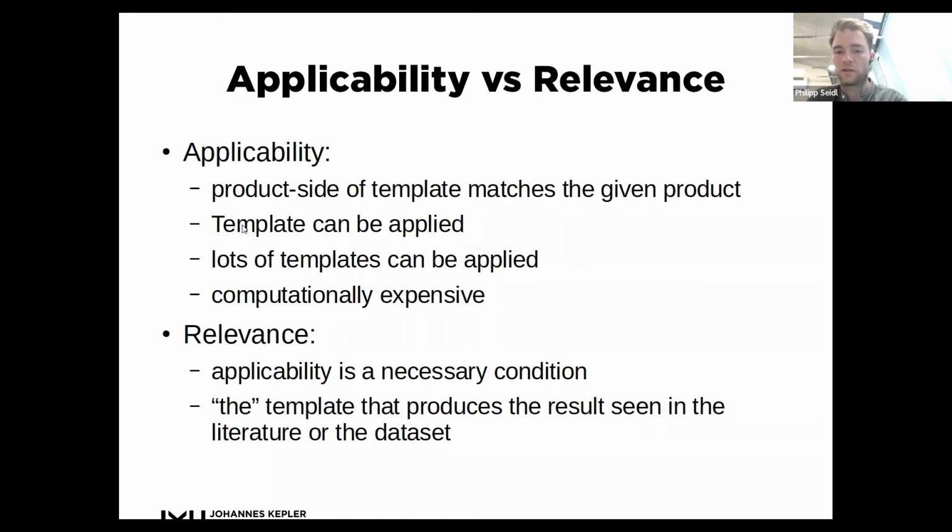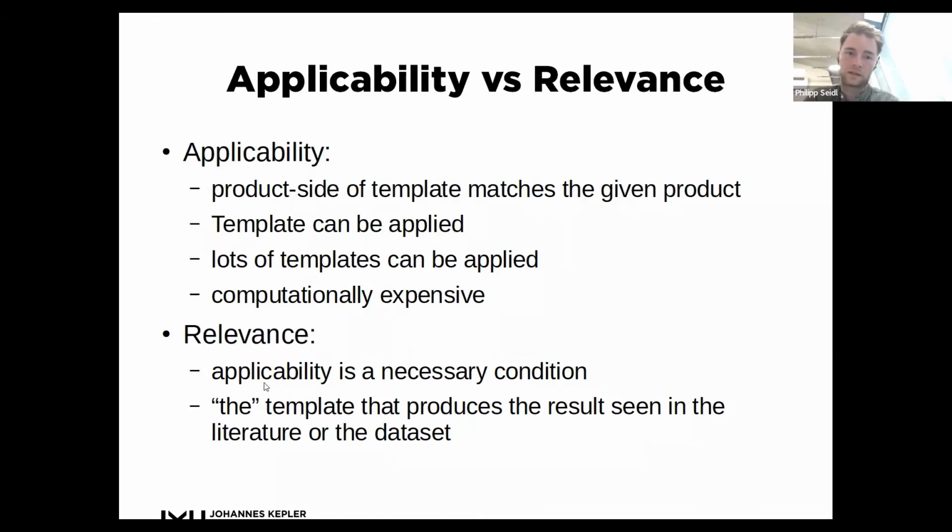So what is relevance? Relevance tells us if we have found this template in our database. We deem a template as relevant if the template, first of all, produces the results seen in the literature or in the dataset, and applicability is just a necessary condition.